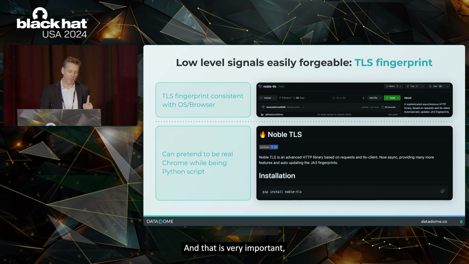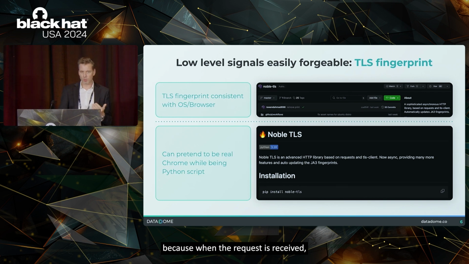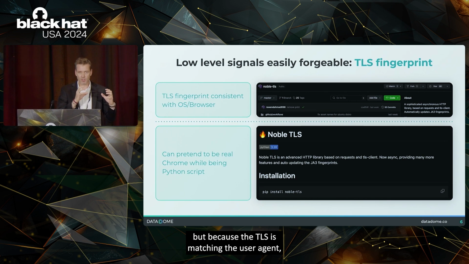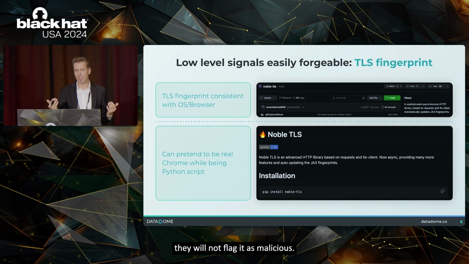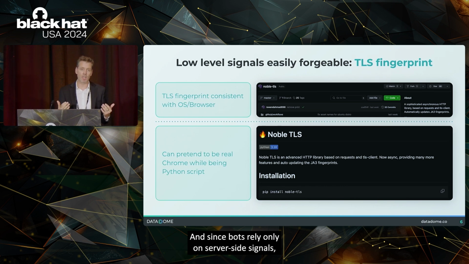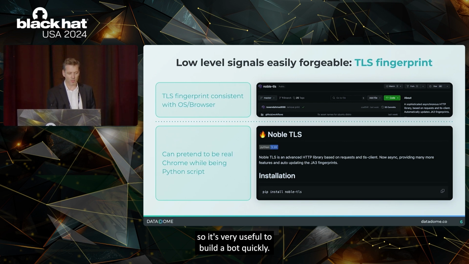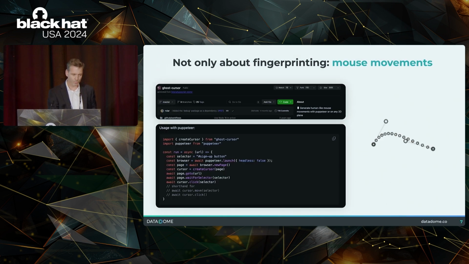And that is very important because when the request is received, the WAF will see the request, obviously, but because the TLS is matching the user agent, it will not flag it as malicious. And since bot defenses relying only on server-side signals will not be able to detect a Python script leveraging Noble TLS, it's very useful to build a bot quickly. Bot creators are using that a lot to forge low-level signals, such as the TLS.